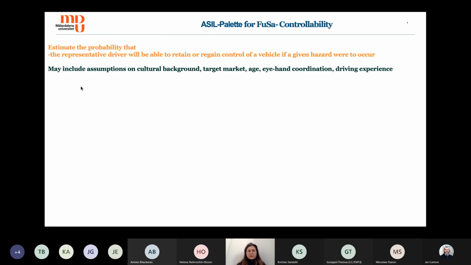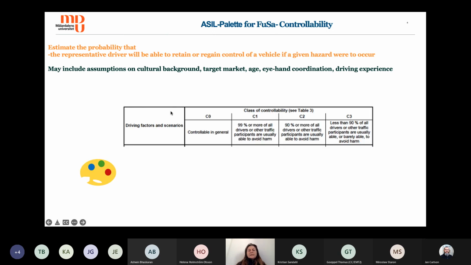Now, if we focus our attention on controllability, that considers if the driver is capable of regaining control, for example, we see that in this ASIL palette, where we can provide different values for the attributes, regarding controllability, we have 4 values at disposal: C0, C1, C2, and C3, where C0 is controllable in general, so the driver is capable of regaining control.